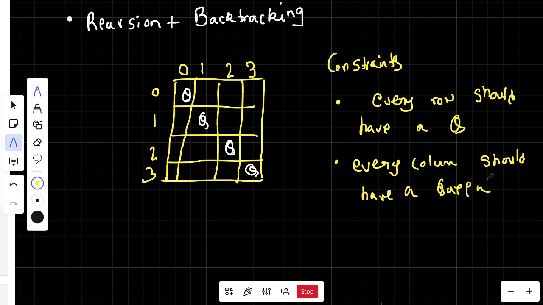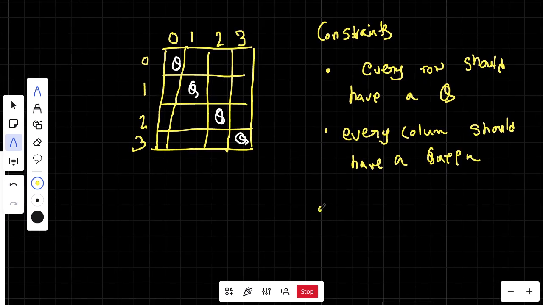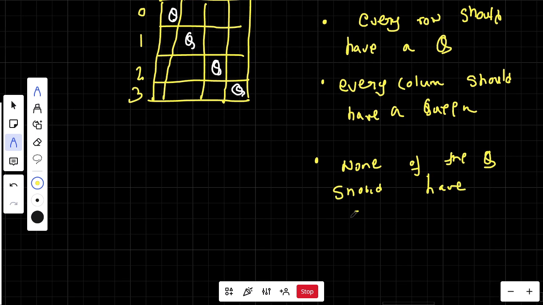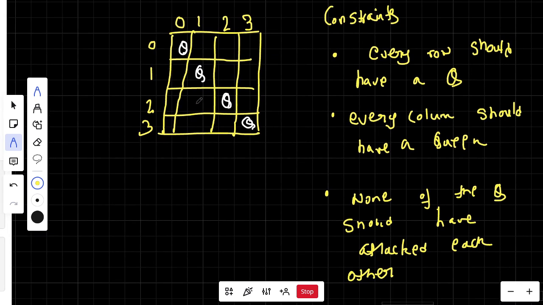Now the third and the most important condition is that none of the queens should attack each other. Now you will ask me, what does this actually mean?